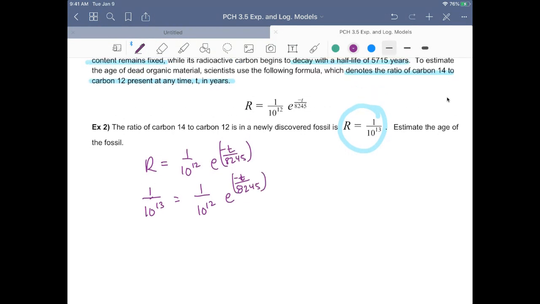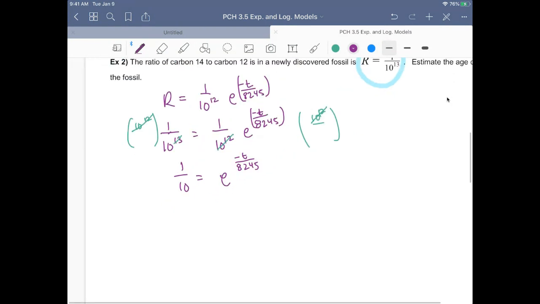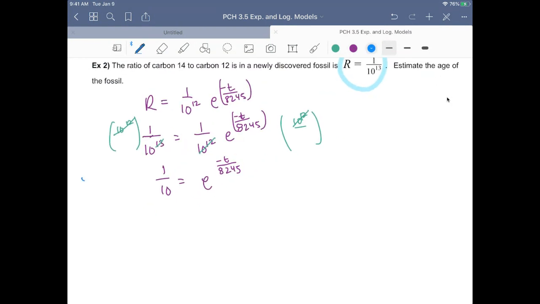All right, multiply both sides by 10 to the 12th. I see that everything here except for 1 over 10 cancels. So I get 1 over 10 is equal to e to the negative t over 8,245. Now we have our exponential equation isolated, so we can go ahead and take the log of both sides, or the ln.